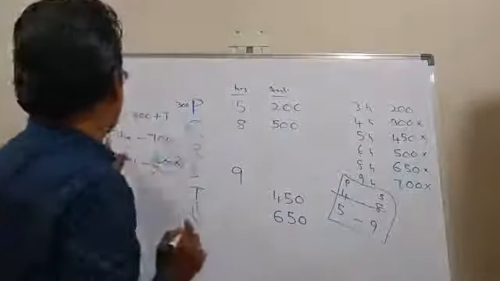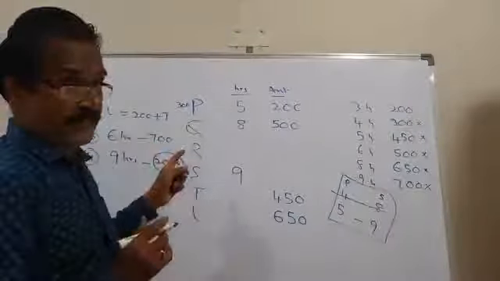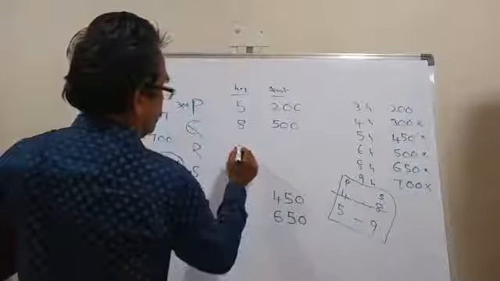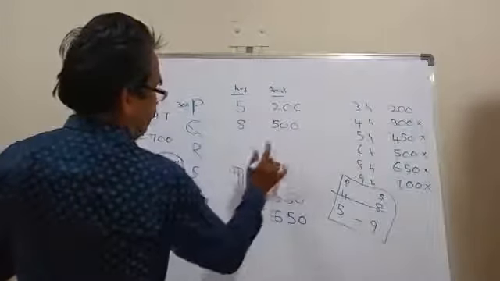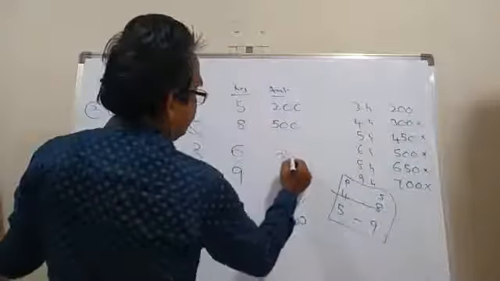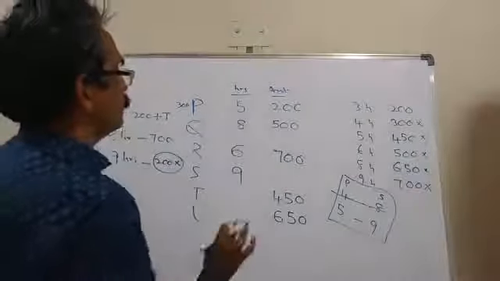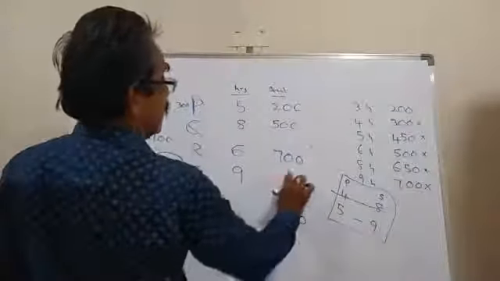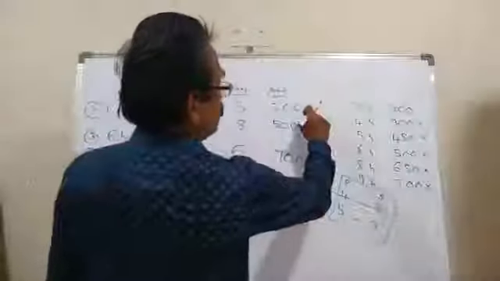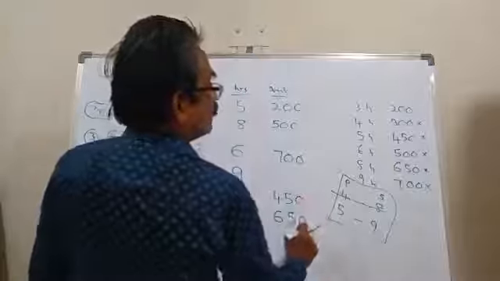Next, see this point. 6 hours, 700: 2 places are vacant in the case of R. What else information do we have? Amounts are over: 200 gone, 500 gone, 700 gone, 450, 650 gone.